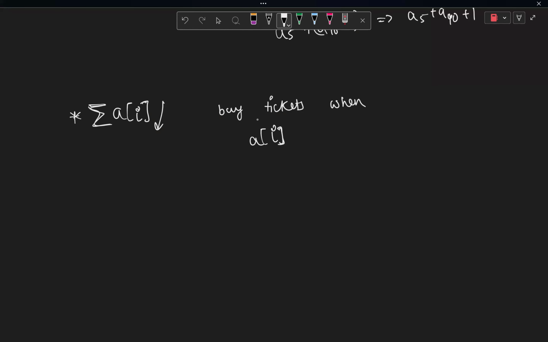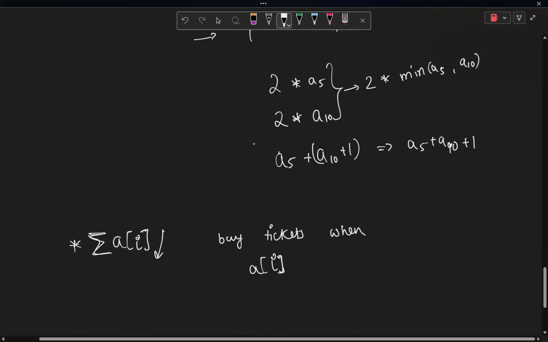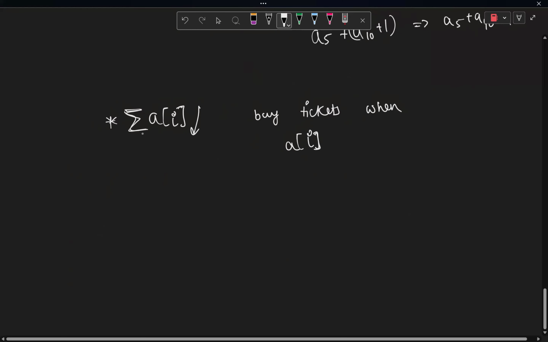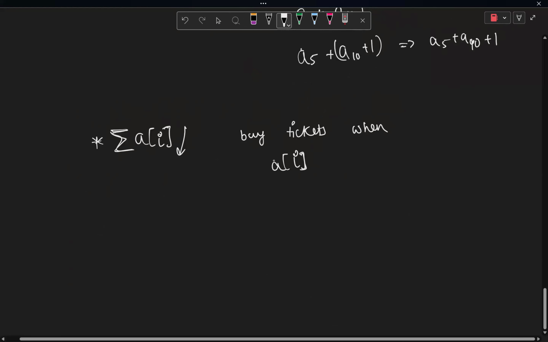Since order of elements does not really matter here, I have not proved it yet, but I think it is not hard to prove. I'm just not proving it because it will make the video longer if I prove it here. The thing we have discussed so far is, if you want to reduce AI, buy tickets when AI is small.